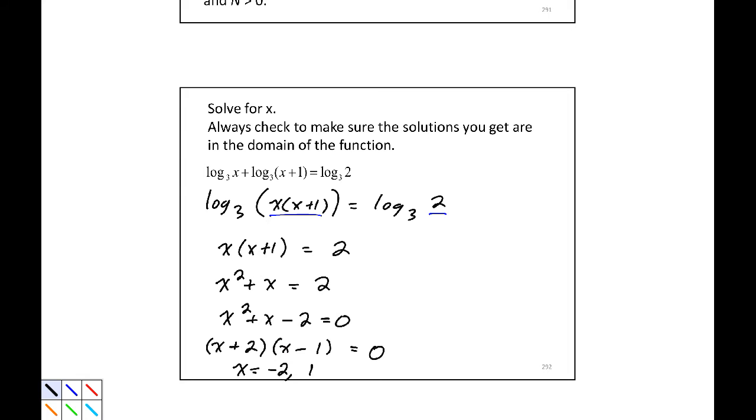Well, the original domain of each of these functions, log base 3 of x, tells us that x is greater than 0, and log base 3 of the quantity x plus 1 tells us that x must be greater than negative 1. The only valid solution we have is x equals 1. Must be greater than 0 and greater than negative 1.